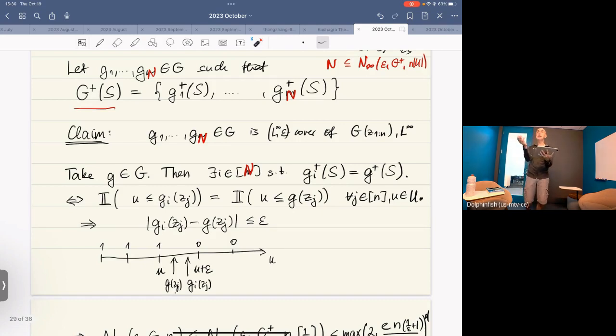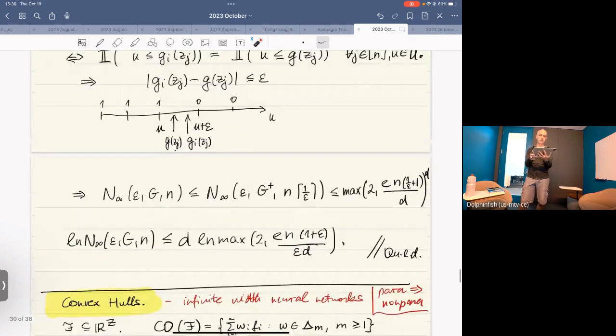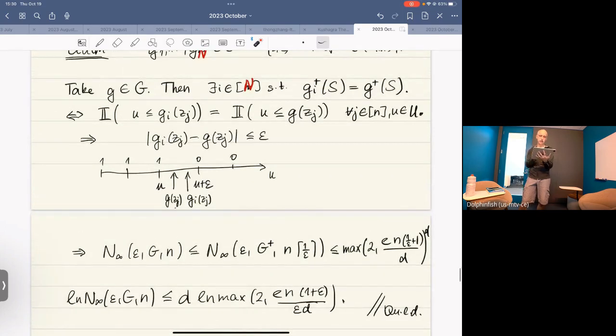All right, so that means what? That the behavior of G is reproduced up to an epsilon accuracy by G_i. Okay, then that means that we were right. This is an L infinity epsilon cover. So now we know that this is an L infinity epsilon cover.